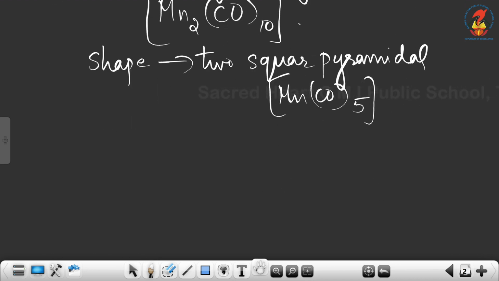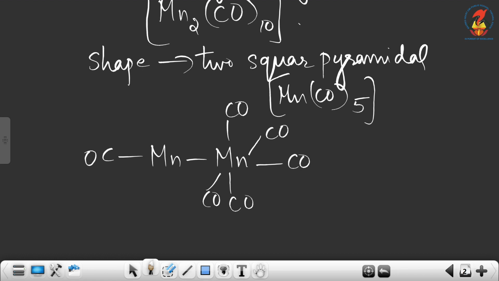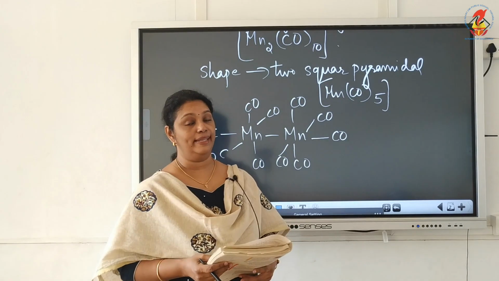When you draw it, it will be like this: Mn-Mn single bond, with 5 CO groups around each manganese, 1, 2, 3, 4, 5 on one and 1, 2, 3, 4, 5 on the other.